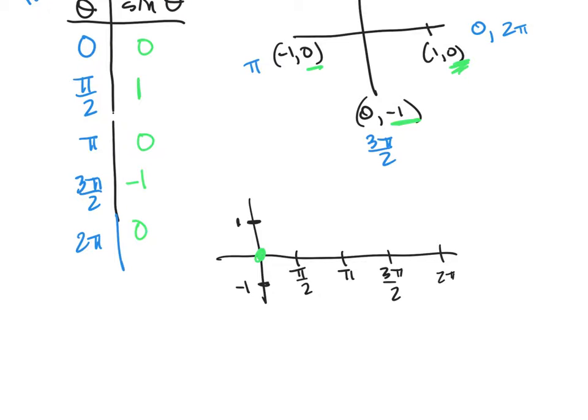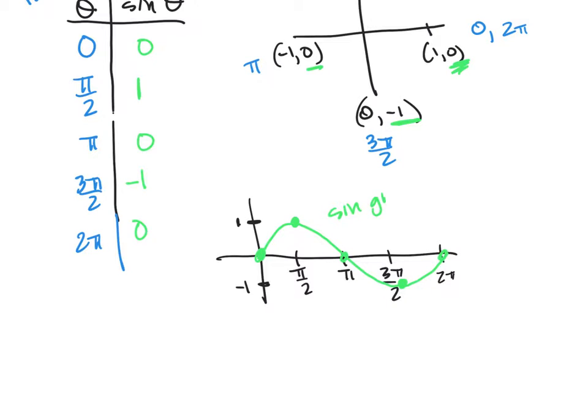Now, this is a special graph as far as what we are used to seeing before. So we're at 0, 0; pi over 2, 1; pi, 0; 3 pi over 2 is at negative 1; and 2 pi is at 0. So what you do is connect these, and this is the sine graph.